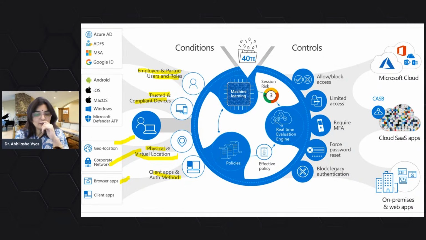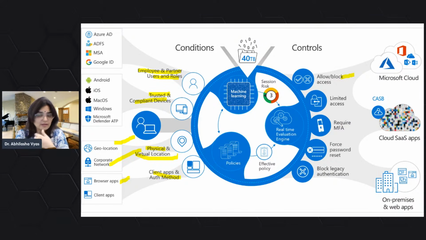Now we have these policies which we have designed, and these policies will help us in identifying, based on these signals, the conditions. It is simply if-then. If this condition is matching, we have to take these actions, and this will happen. So if you see this, allow and block access. We can give limited access if that device is not compliant.